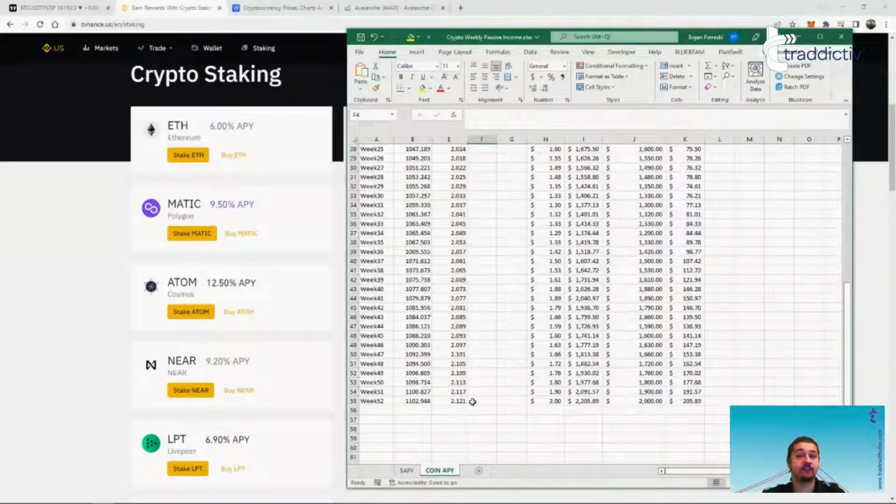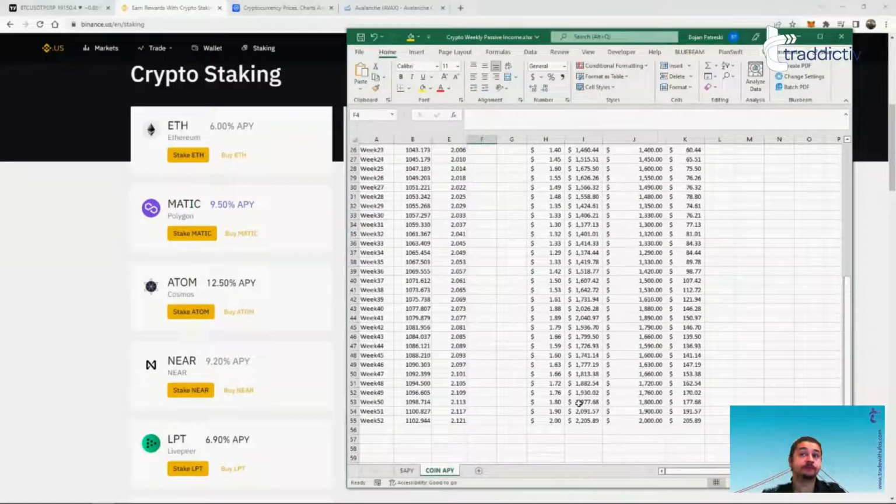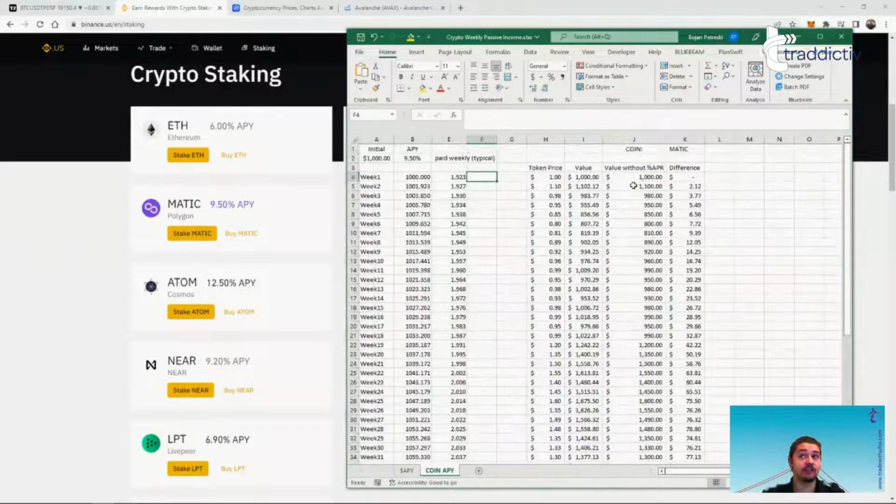Whereas the difference, let's say you do end up buying at a dollar, and in this scenario the token goes down to 80 cents, right? So it loses 20% of its value. So yes, you lost quite a bit of the original investment, right?